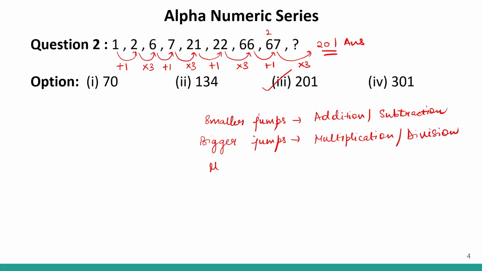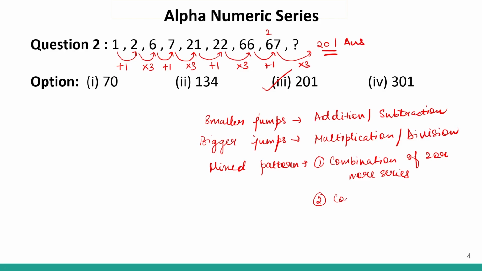Then if you see a mixed pattern, if you cannot make out a pattern, like in this question, there was a mixed pattern. First, it was increasing just by 1 and then there was multiplication. Then a slow increase and then a jump. So whenever you see a mixed pattern, we can either assume that it is a combination of two or more series, or we can assume that we are using a combination of different operations.